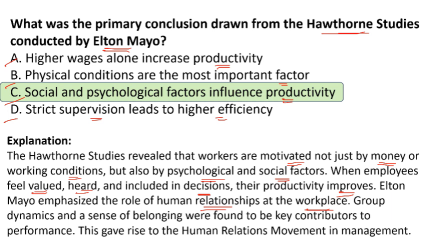This gave rise to the human relations movement in management. So this is the work of HR. HR will do this kind of initiatives in a company. So people get motivated not only by money and working conditions, but also by psychological and social factors as well. Clear? That is what the study is talking about.